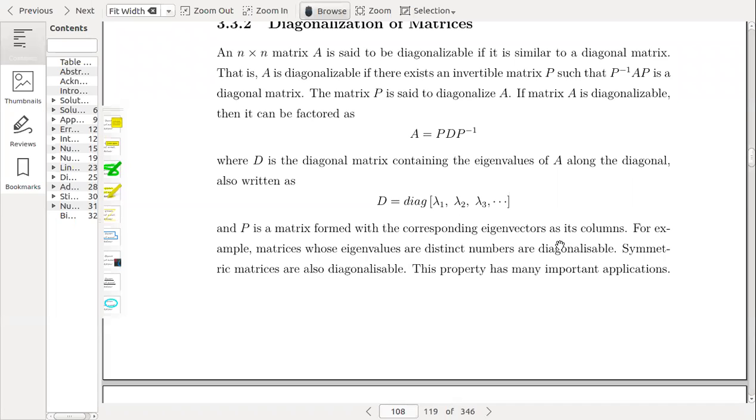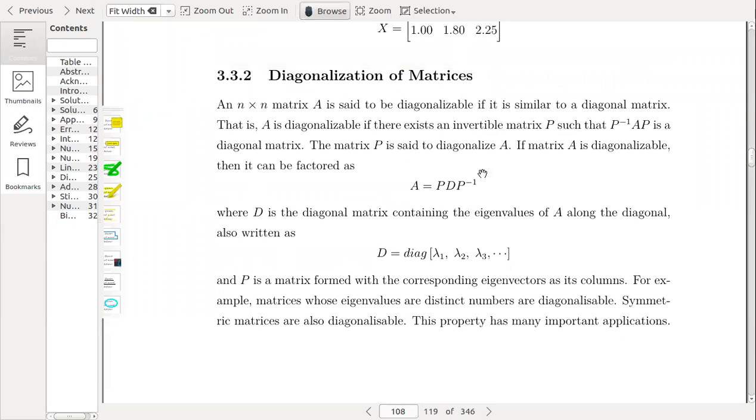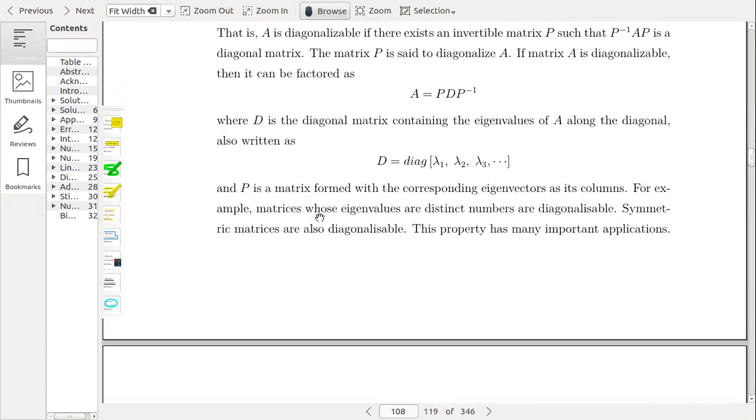The importance of this diagonal matrix is that its diagonal will contain all eigenvalues of the matrix A. So if we diagonalize matrix A in this way, we will get all eigenvalues on the diagonal of this matrix D. And P is a matrix formed with the corresponding eigenvectors as its columns.